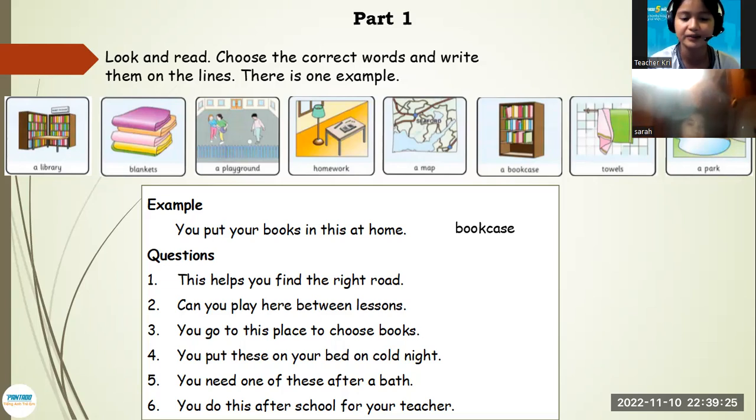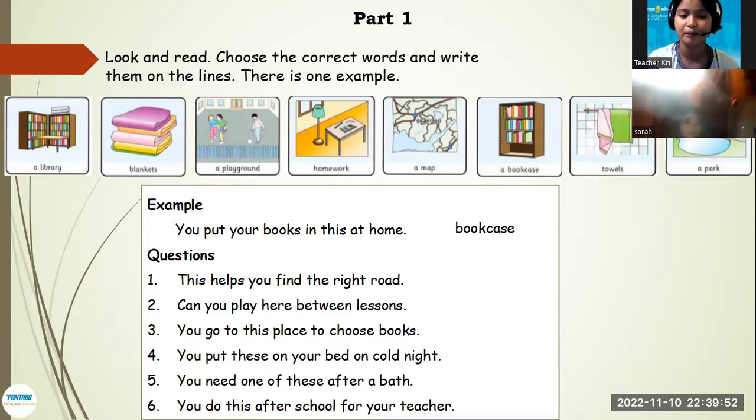A playground. Playground. Homework. Homework. A map. Map. A bookcase. A bookcase. Towels. Hallway. A park. A park. Okay, so those are the words that you're going to guess.